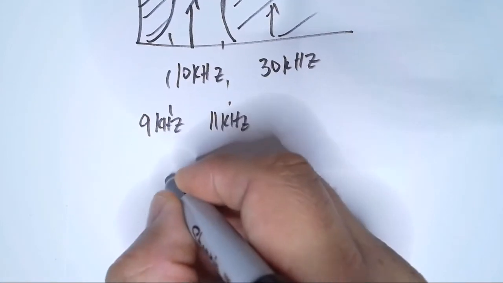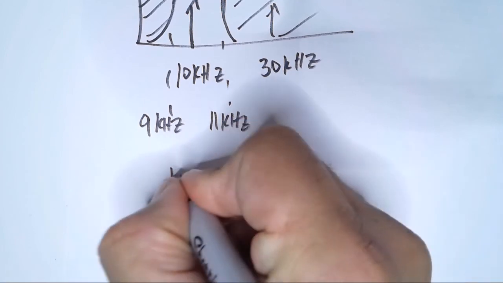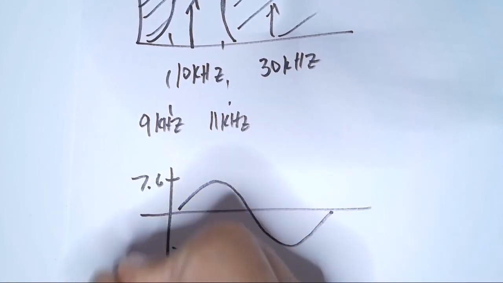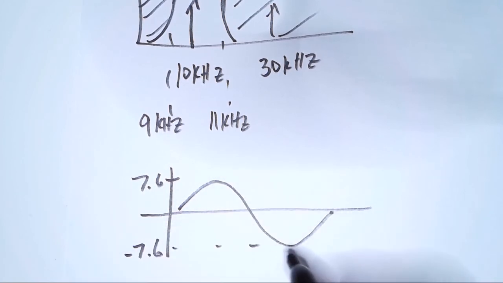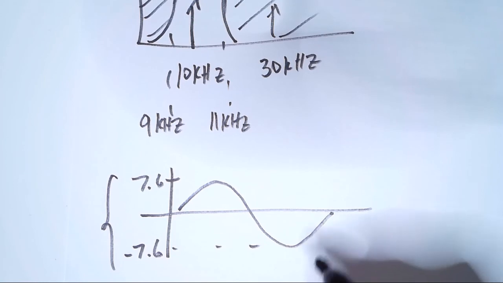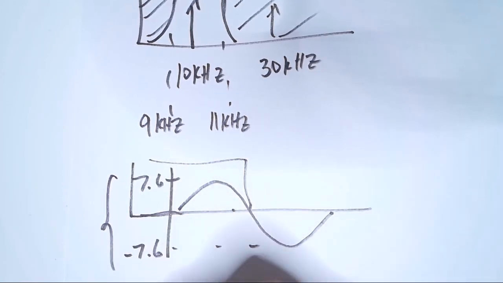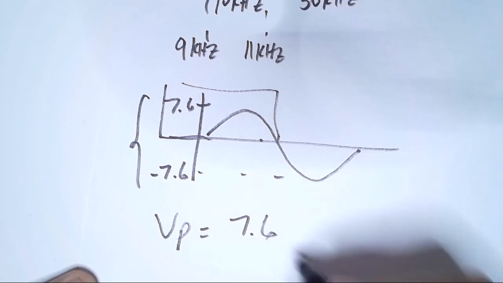We have a waveform that has a peak voltage of 7.6, and also negative 7.6 volts for the negative component. The question is, what is the peak voltage? And this is the peak voltage. So the answer, V peak, is equal to 7.6 volts.